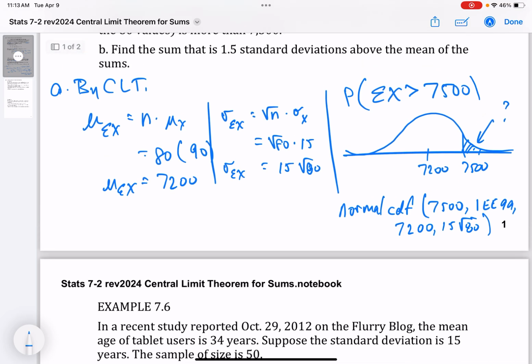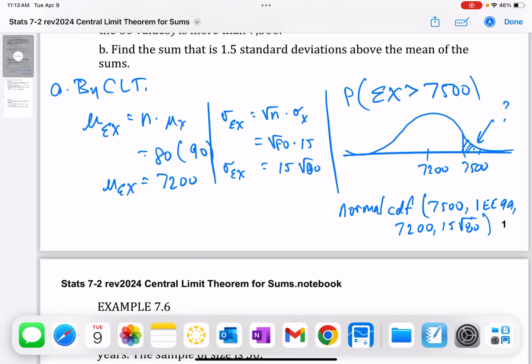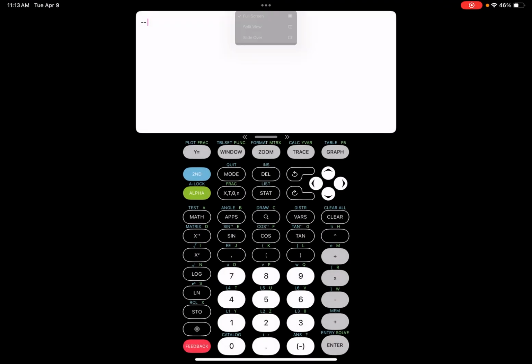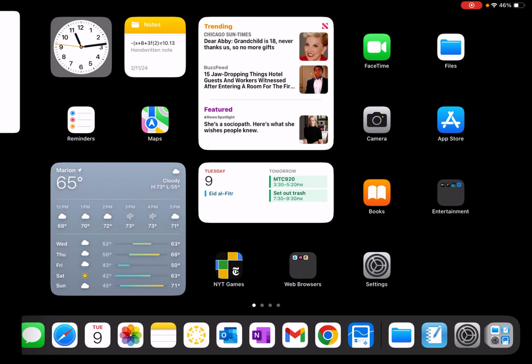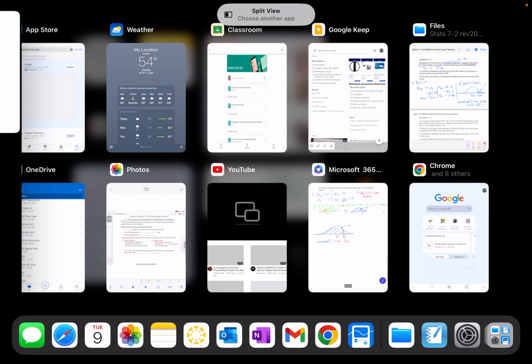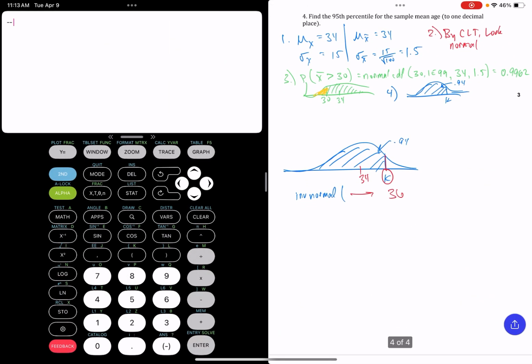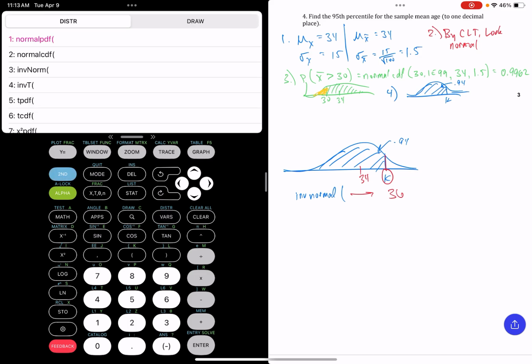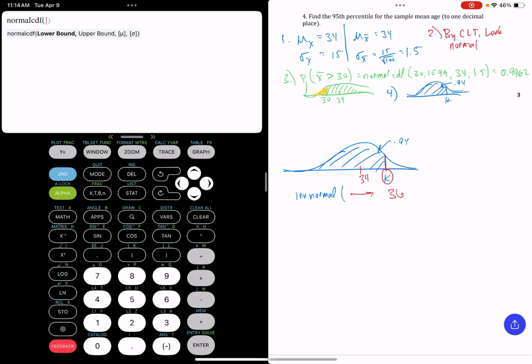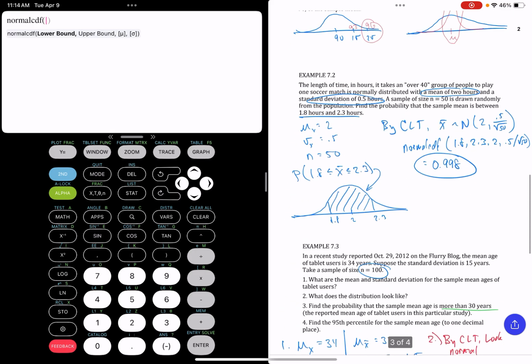Let me go ahead and pull my calculator up. We're going to do the variables. Normal CDF is number 2. Oops, that's the wrong file.